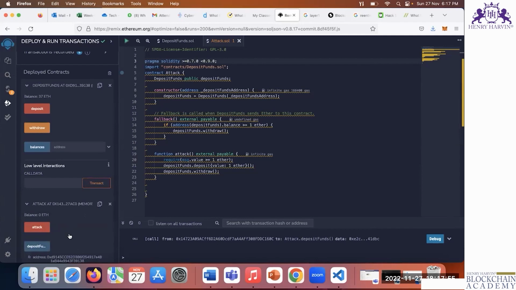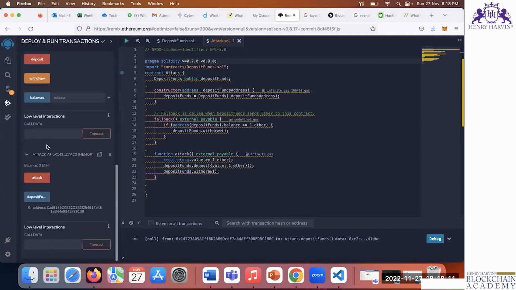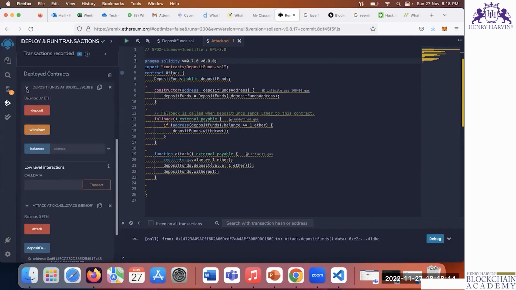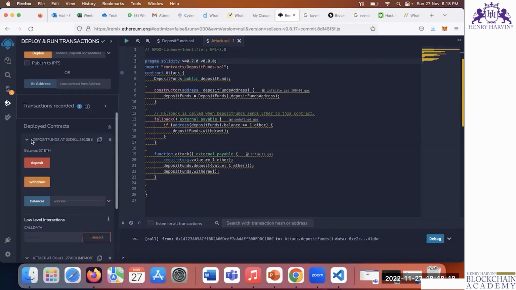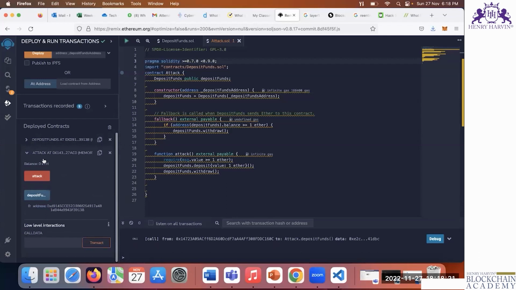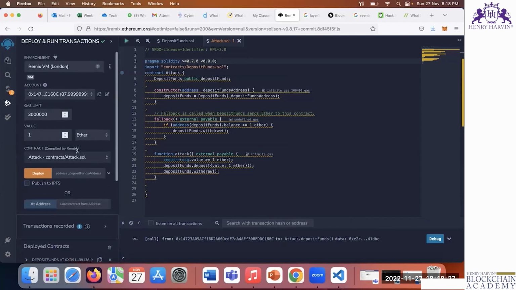Oh, okay, sorry. First of all, he needs to deposit some amount, otherwise it will not work. Okay, it is calling from here. What he can do is call the attack function. This deposit fund has 37 Ethereum, and the attacker created this smart contract and is trying to call this function by paying one Ethereum.